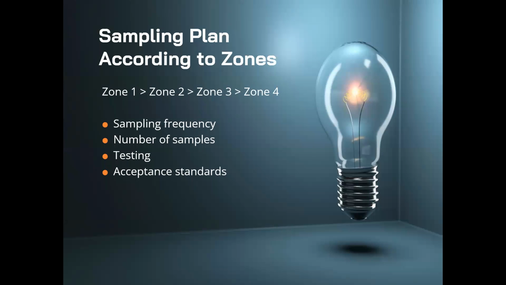If the zones are classified based on risk level, then they should not be treated as equal in your EMP. So in general, we should sample more frequently, take more samples, and test more often in zone 1 and zone 2, and less in zone 3 and zone 4. Performance standards are also higher in zone 1 than in other areas.